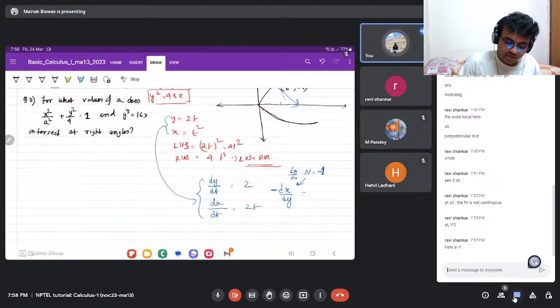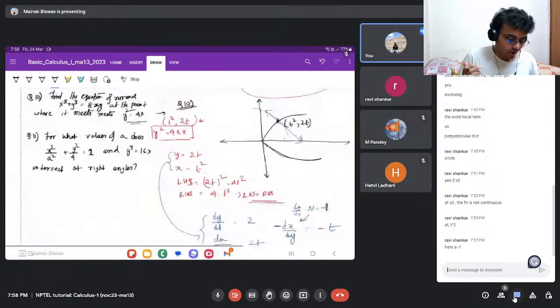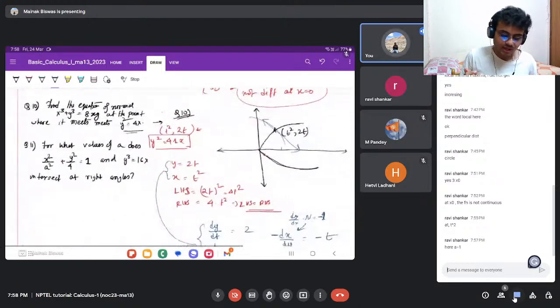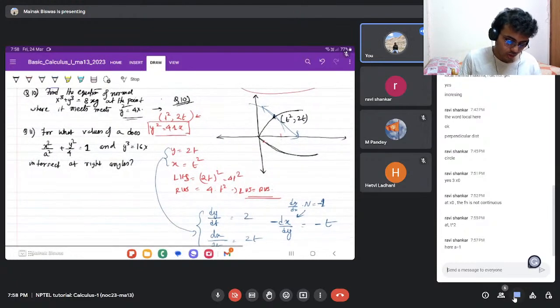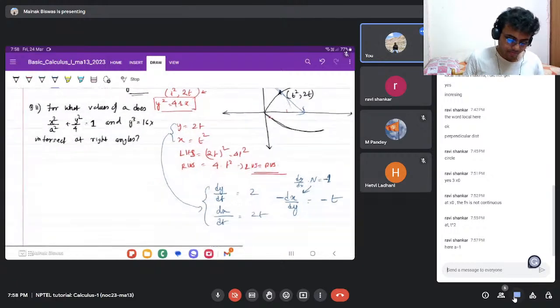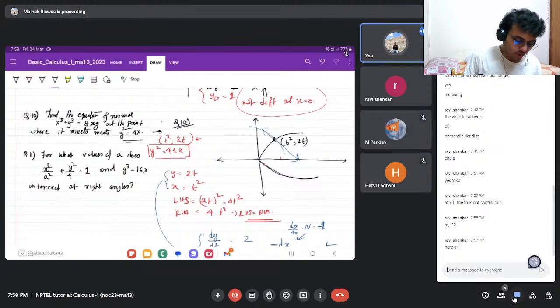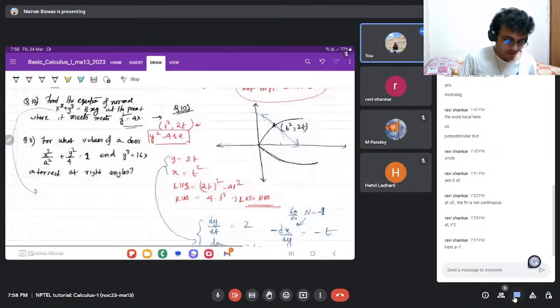So minus dx dy is minus t. So you are told to find the equation of the normal at the point where it matches the curve. So dy dx is y is 2, x is t square. Correct. Good. Now I'll just put this value here in this equation to get the value of t.